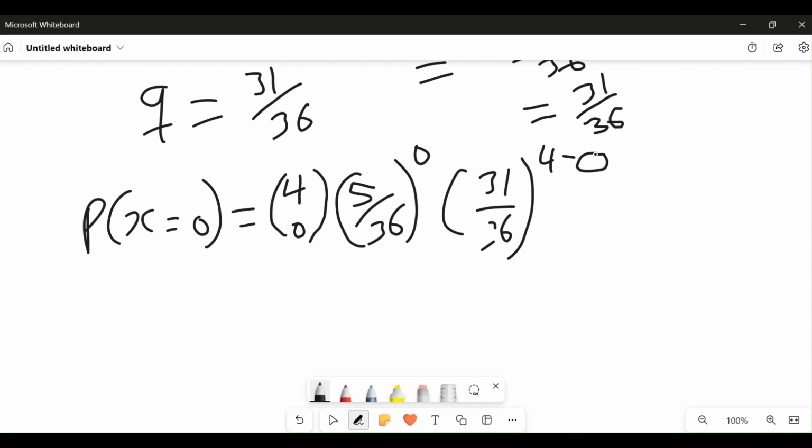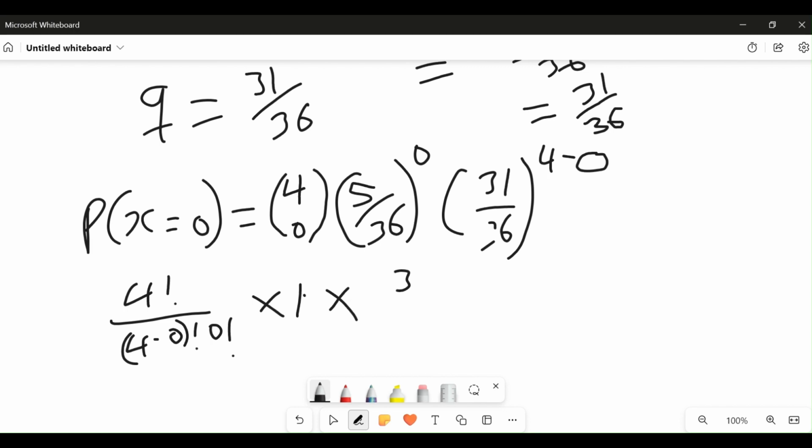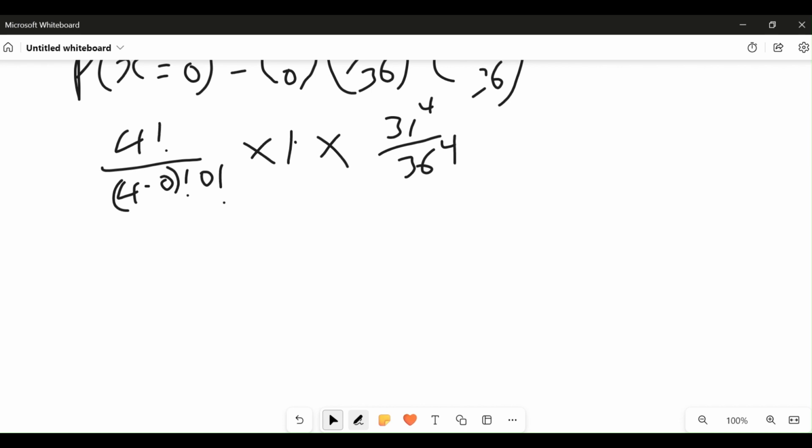Now 4 combination 0 is 4 factorial all over 4 minus 0 factorial, which is 4 factorial, times anything raised to power 0, which equals 1, times 31 raised to power 4 all over 36 raised to power 4. So 4 factorial cancels. What is 31 raised to power 4?